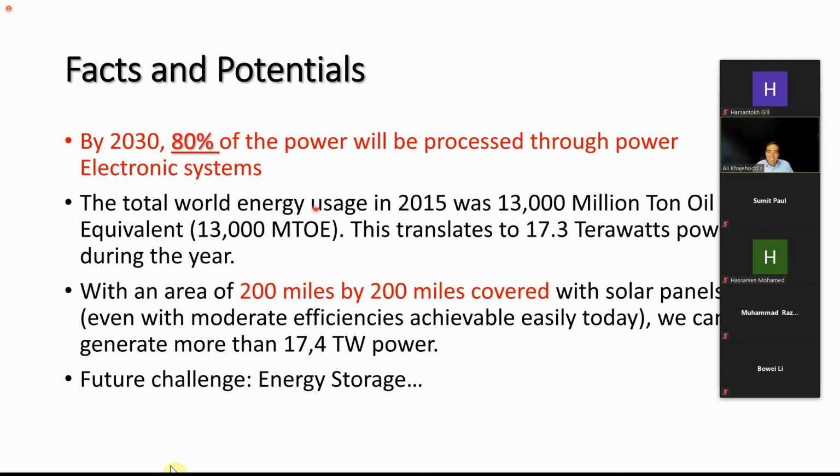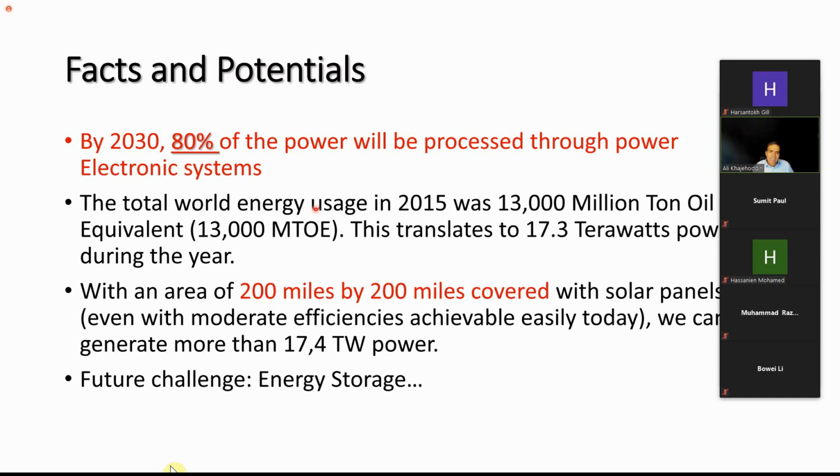So we can easily achieve this. It's not something where the power that we're consuming is so high that we can never reach it with renewables or another source of energy. We have an abundance of energy sources.